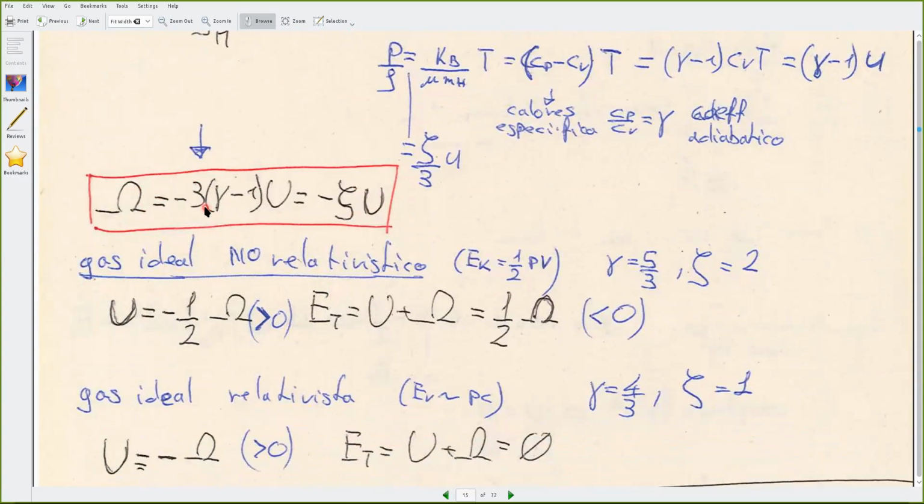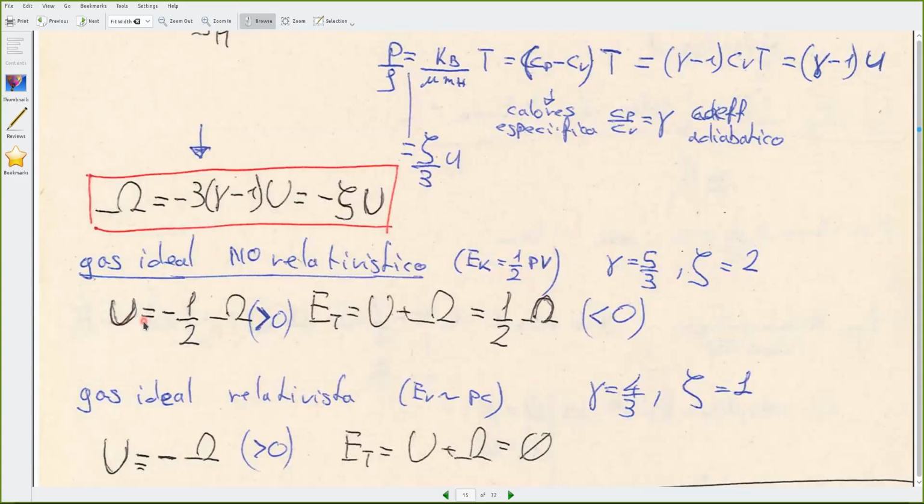And we have the classical case, an ideal gas, non-relativistic, so the kinetic energy of a particle of the gas, the microscopic movement, is what we call the internal energy. This can be written as proportional to PV divided by 2. The adiabatic coefficient gamma is 5/3, and this parameter is 2.